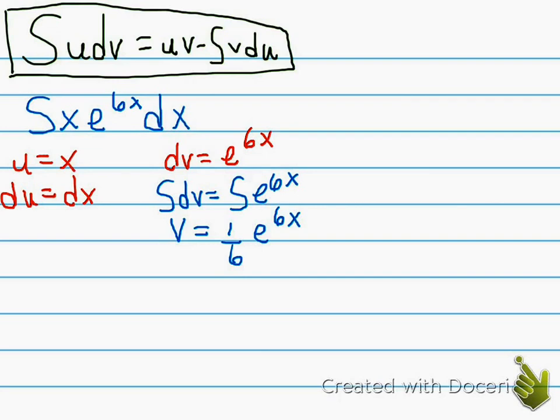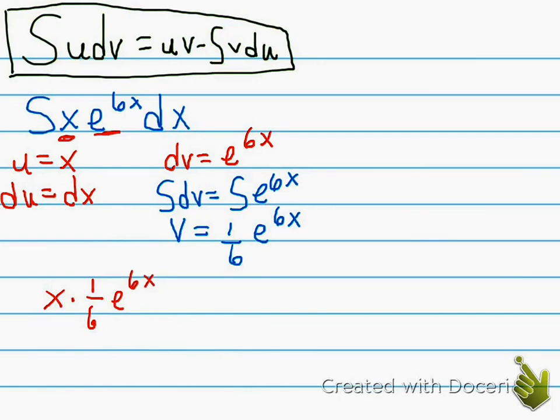So the integration of x e to the 6x dx is, here's my u, and here's my dv. So I'd end up with, it's going to equal u times v, which is x times 1/6 e to the 6x.